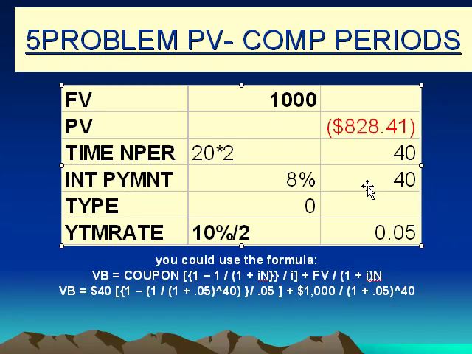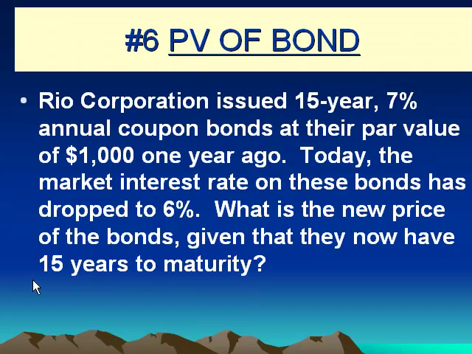Interest payment is $40 per period. They gave you that. It's not an annual payment, it's 40 per semi-annual period. And the yield to maturity is 5% per period, 10% divided by 2. That'll give you a present value of $828.41. Or you can even use the formula which you have in the book and you'll still come up with the same answer. Okay. Moving on to problem number 6.